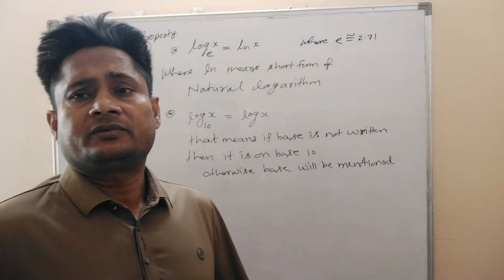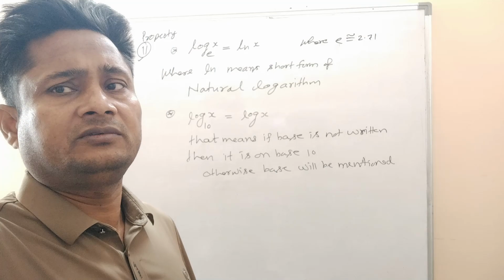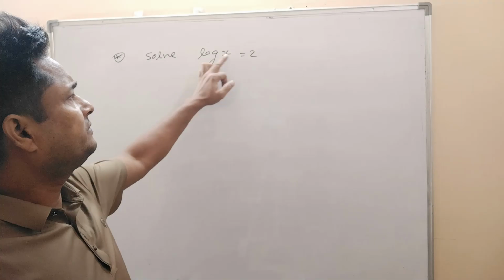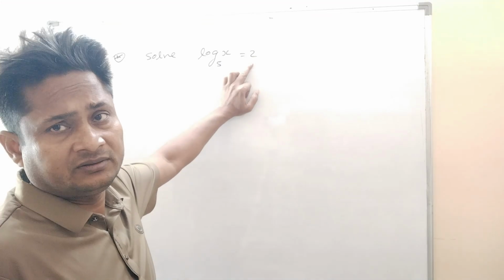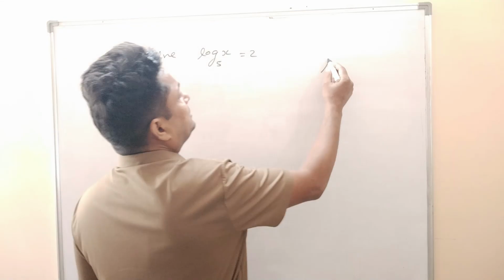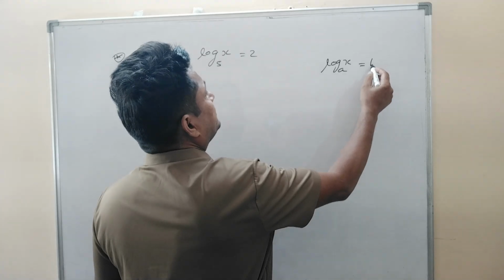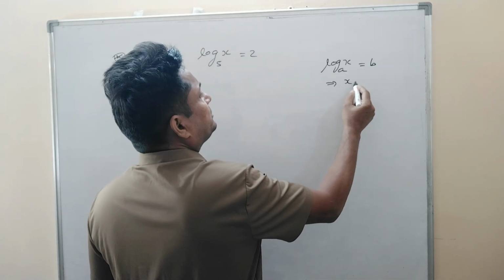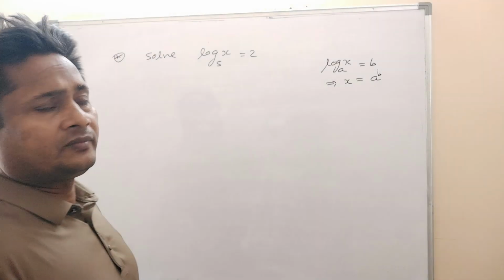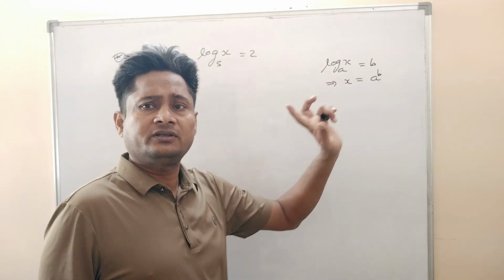Now let's do some questions based on the properties of the logarithm. Now, if log of x base 5 is equal to 2 is given, then what will be the value of x? I told you that log of x base a is equal to, let's say it is given b, then x will be a to the power b.